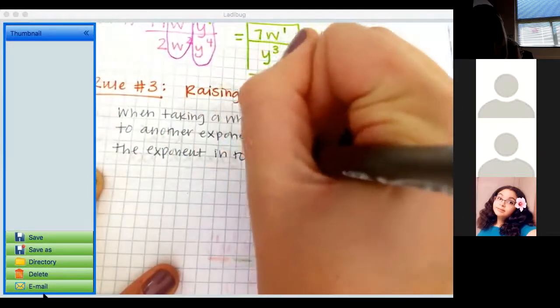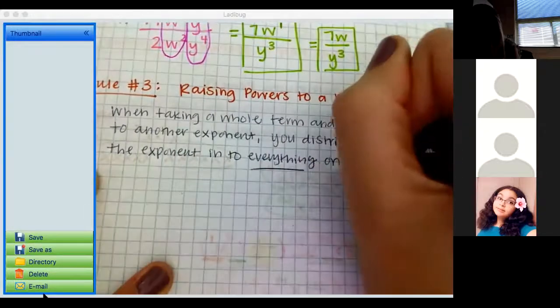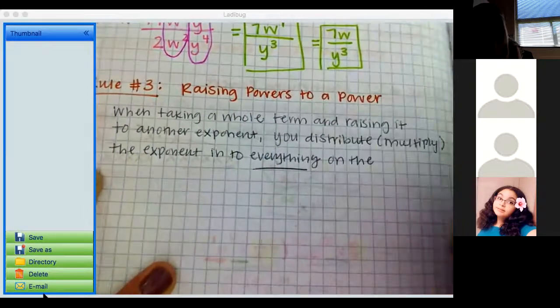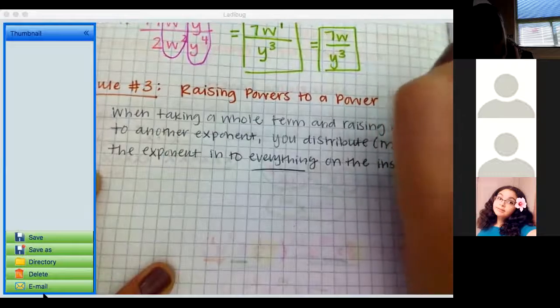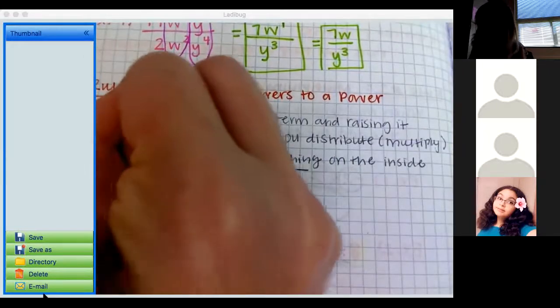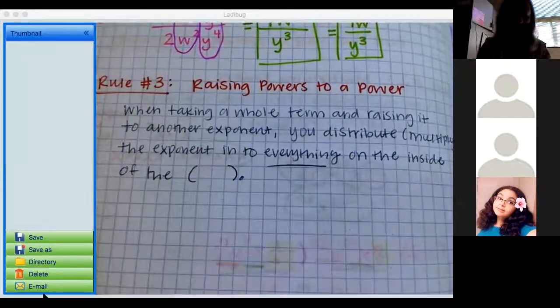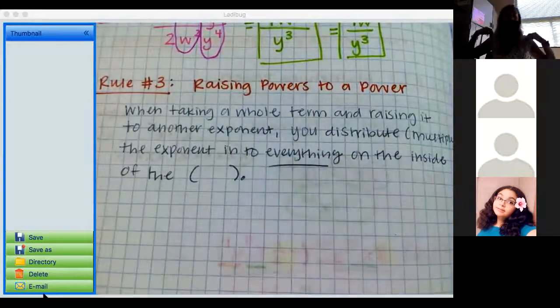Into everything on the inside of the parentheses. This rule is long, but when we actually do the examples, y'all usually like this one.